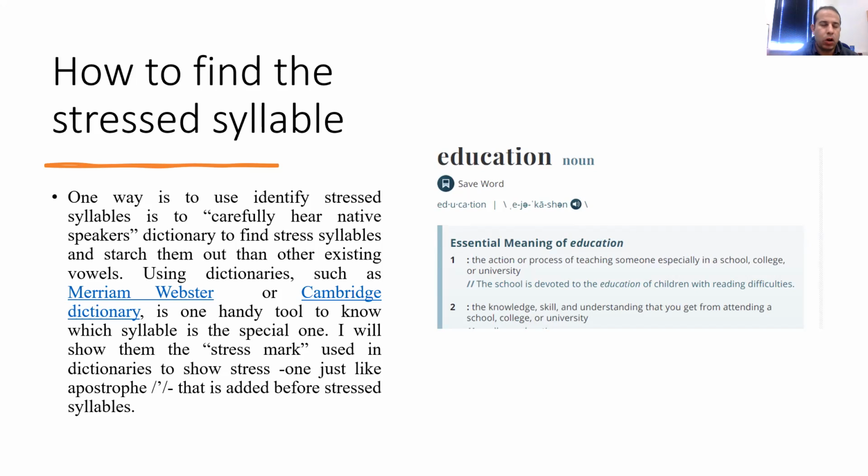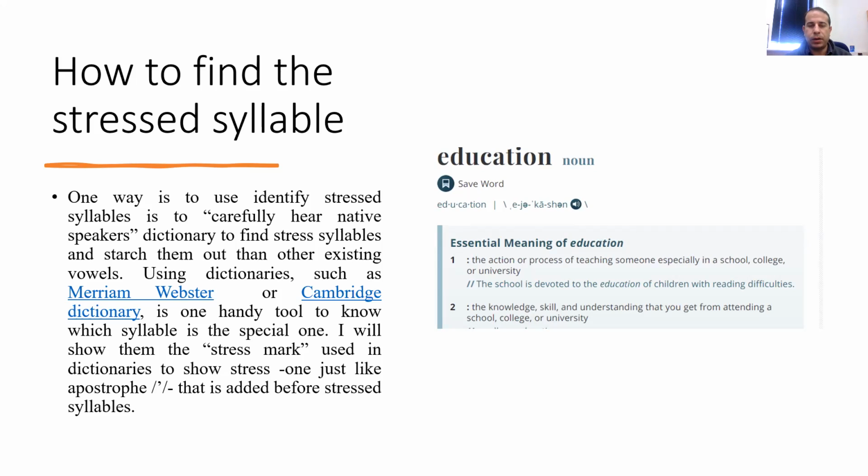Maybe talk shows, comic shows, or movies, and listen attentively to them while they are speaking, and try to find out where the stressed syllable is. Another easy way is using the dictionary. We have Merriam-Webster, Cambridge. Any monolingual dictionary would be a good option for you.